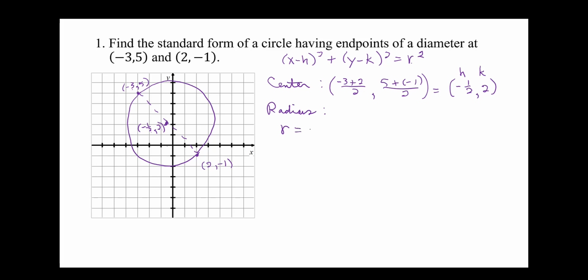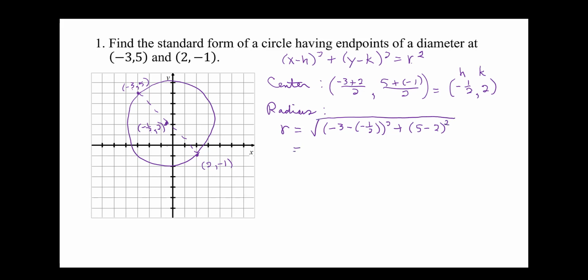If you remember the formula for the distance between two points, we would take x sub 2 minus x sub 1, squared. So let's just say our x sub 2 is -3. So -3 minus -1/2, squared, plus y sub 2, 5, minus y sub 1, which would be 2 here, 5 minus 2, squared.